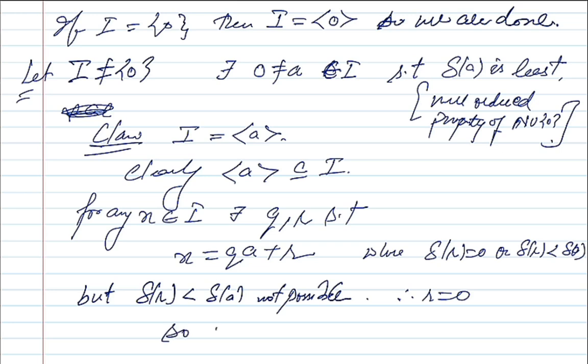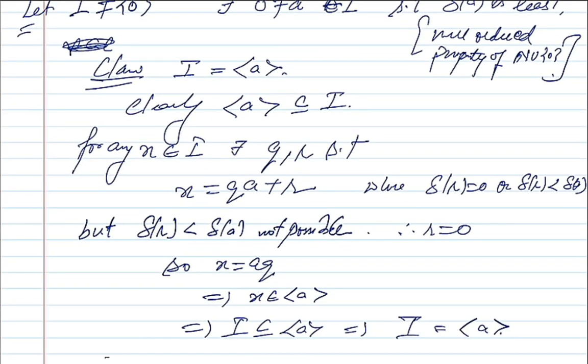So x is AQ, which implies x belongs to the ideal generated by A. So I is contained in the ideal generated by A. Therefore every ideal is a principal ideal.